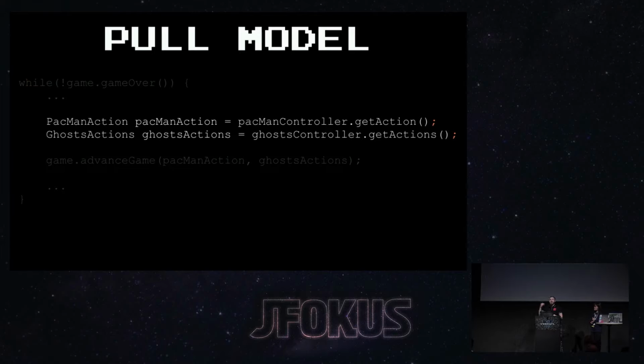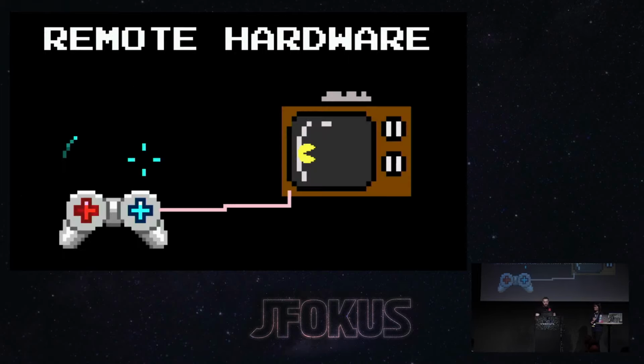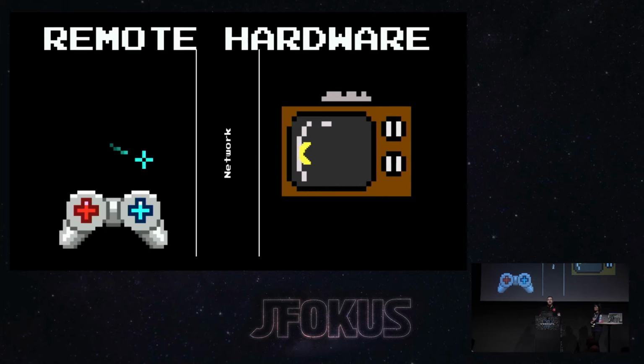We collect what actions were done by the user, and then try to advance the game based on that. Unfortunately, such an approach won't be useful for a distributed system, or the case where we have remote communication between the user client and the game server.